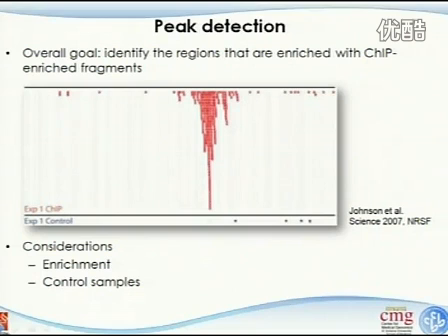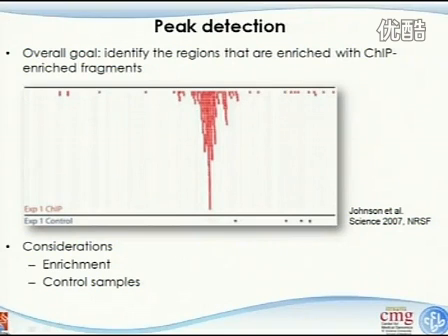This is a figure that I just screen copied from the first ChIP-seq paper published in Science in 2007. You can see in this particular region that there are so many different small fragments that were initially pulled down by these ChIP reactions. And you can see a huge enrichment around this region, and therefore they concluded that there is a binding site in this region. So no question about that.